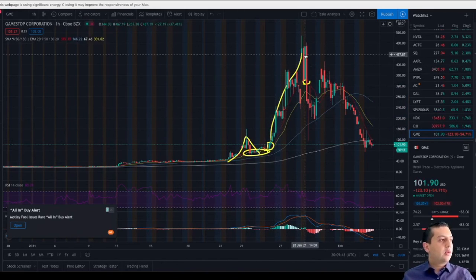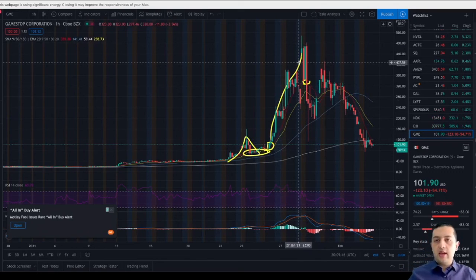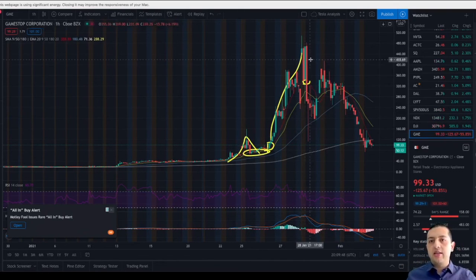So just wanted to show you this one. It's very important that when you are trading, you have your entry strategy, you have your exit strategy, and then you don't get caught up in movements like this one, where in a single day you are losing 50% of your trade.